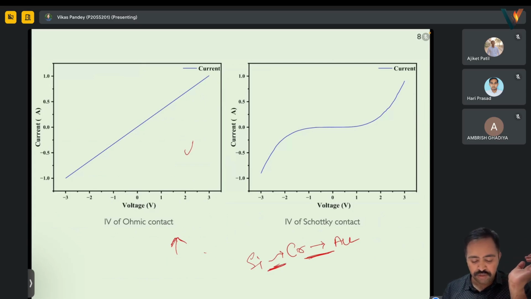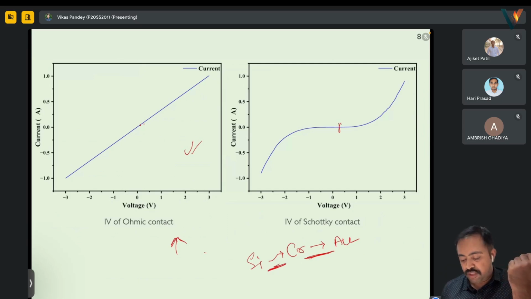You see, with voltage it grows gradually, no difference. But sometimes we make a Schottky contact, purposefully also sometimes we make such contacts. In this case, you see it is rectifying in nature.